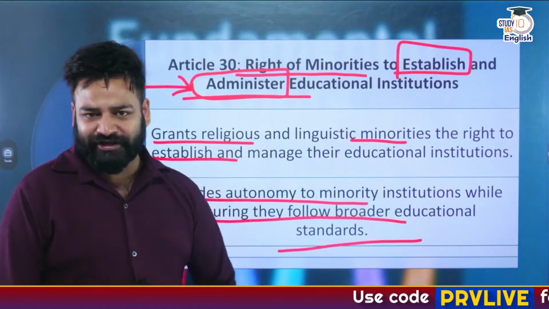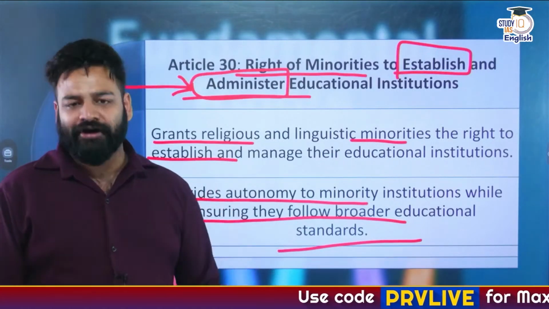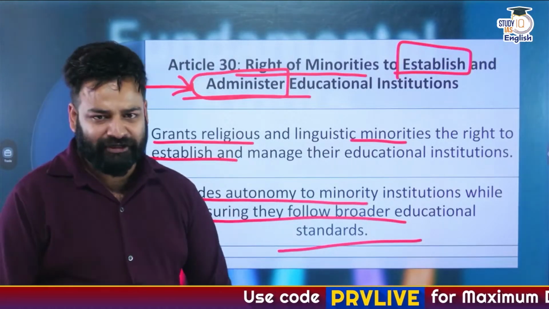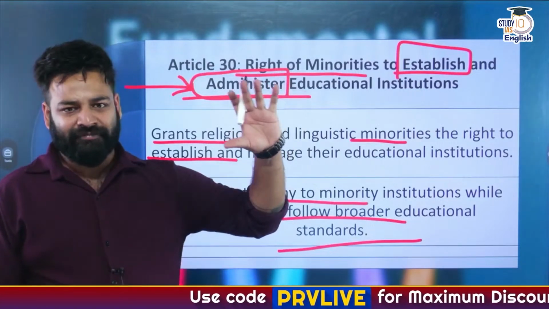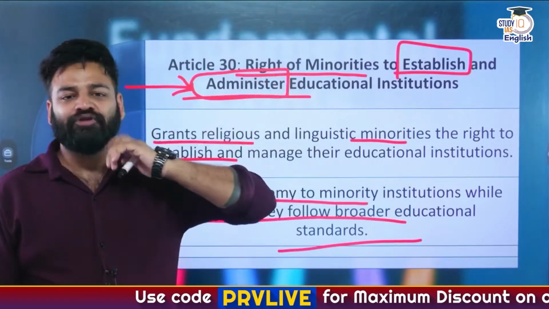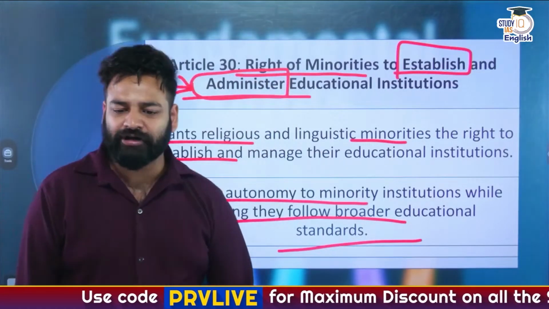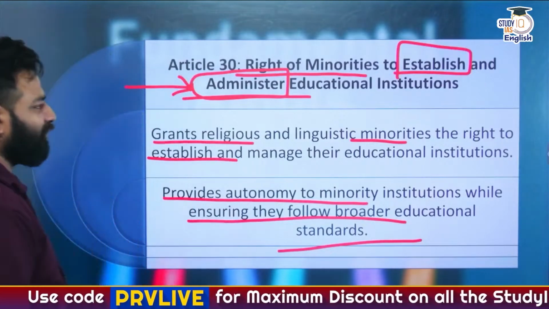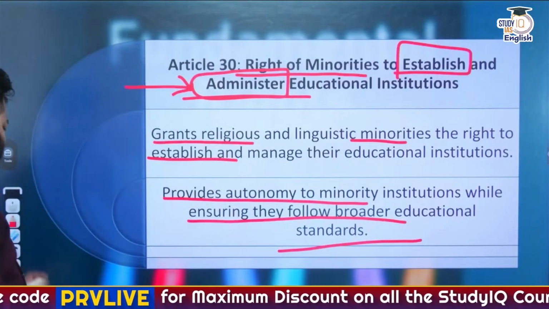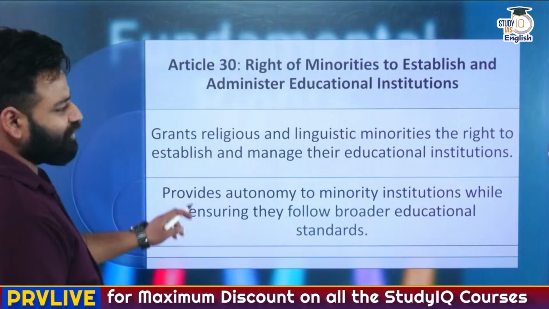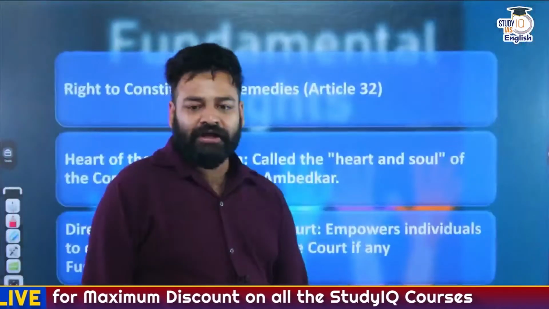The only condition is that their education standard should be at par, maintaining a minimum bar. That is Article 30, the right of minorities to establish and administer their own educational institutions.